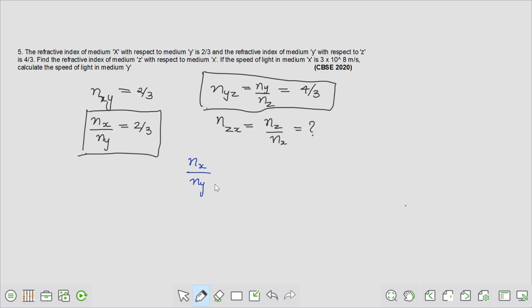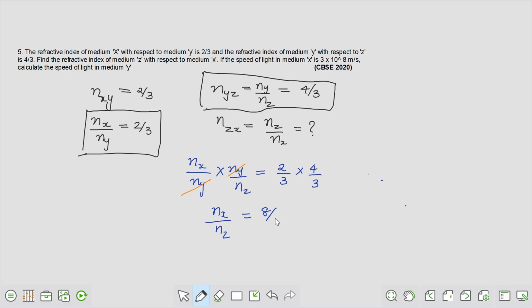So NX by NY into NY by NZ is equal to 2 by 3 into 4 by 3. You can cancel out the common term, NY, so you will get NX by NZ, which is equal to 8 by 9.